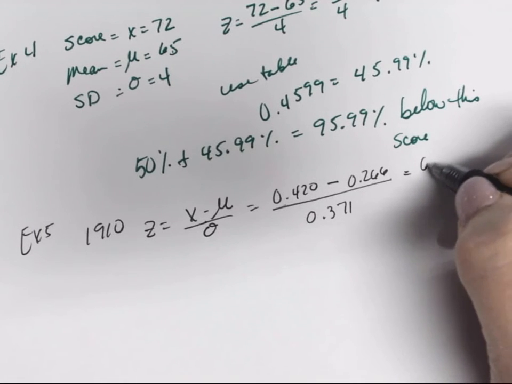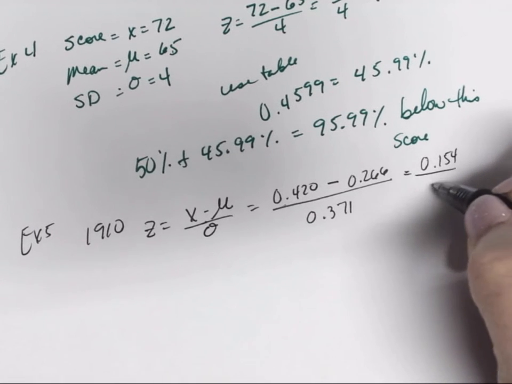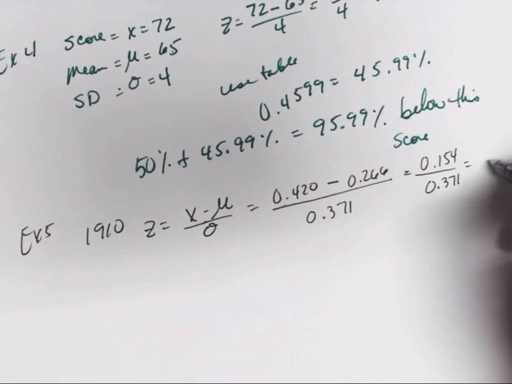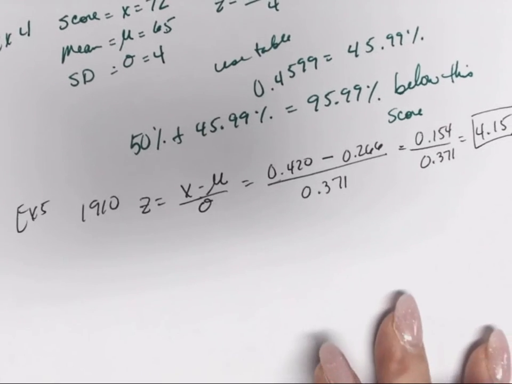So this will get us 0.154 on the top divided by 0.0371 gets us 4.15. So that's what Ty Cobb got.